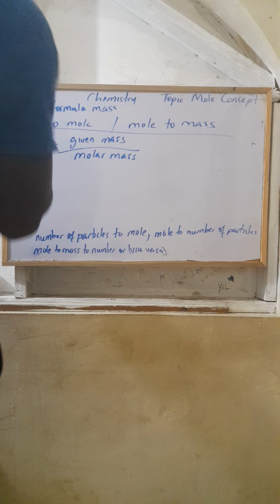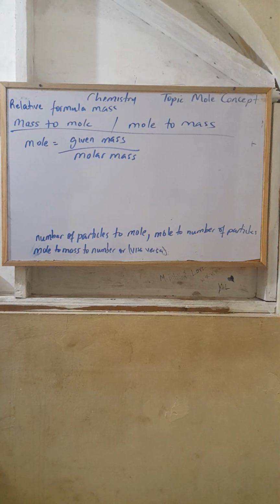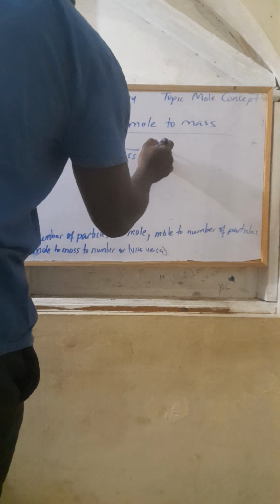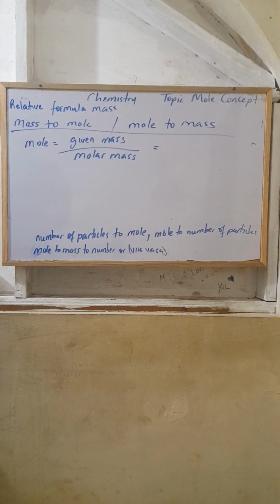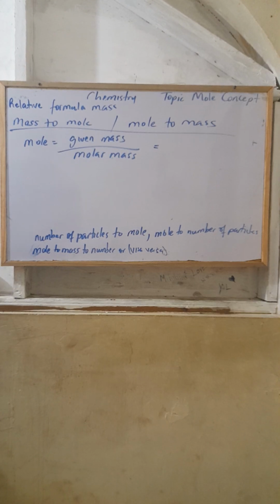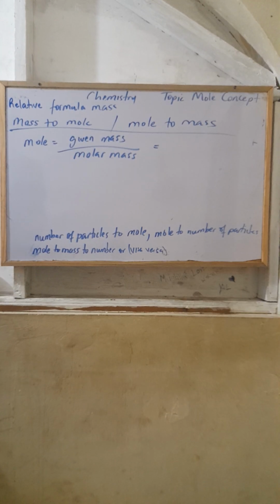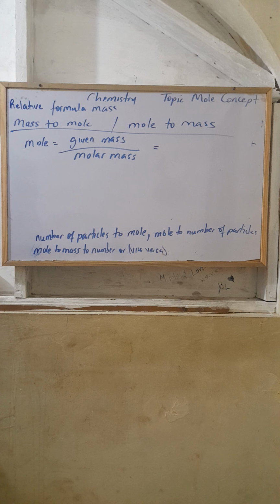All right, so to find the number of moles, that would be given mass divided by molar mass, or mass of 1 mole of the substance. And we know that 1 mole is equal to either the relative atomic mass, relative formula mass, or relative molecular mass of whatever substance that we're looking at.